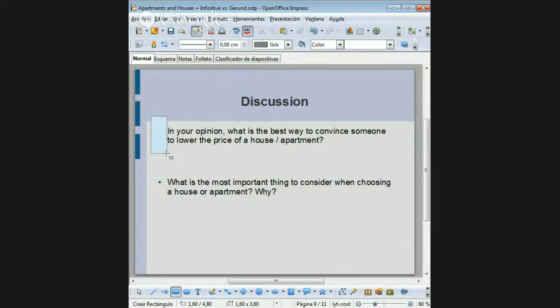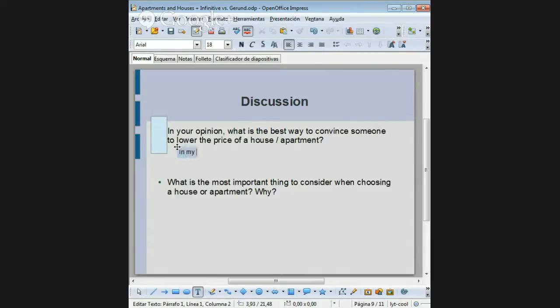In my opinion, the best way to convince someone is the location of the apartment near to your work. Okay. So maybe by saying the location of the apartment is close to your work.